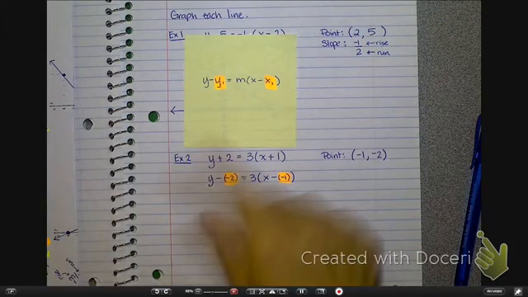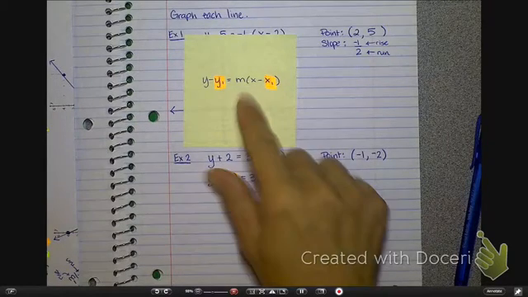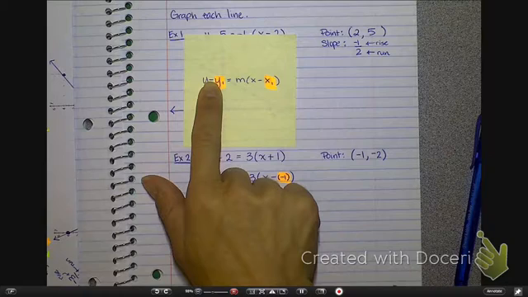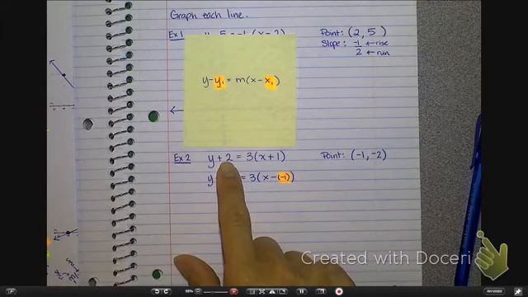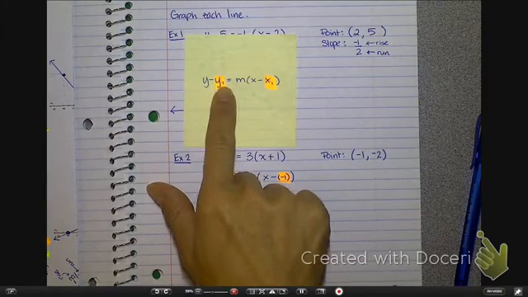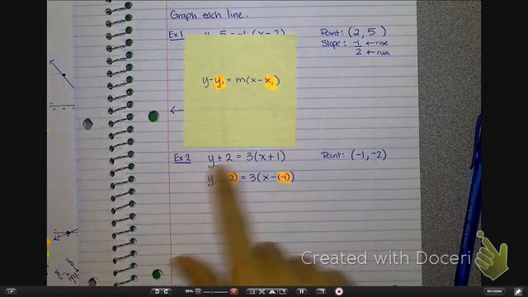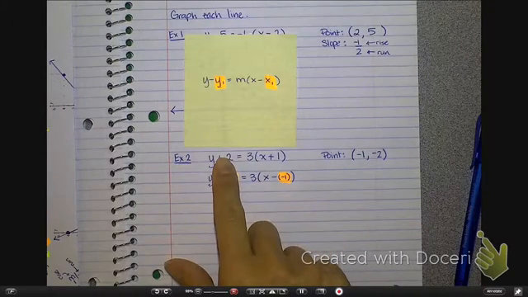It's just the number that's here. So if I have a plus here, I can't have a plus here and then say the number is positive 2. I have to change that plus to a minus so it fits this format. Right now, this equation is almost fitting this format, but not quite, right?